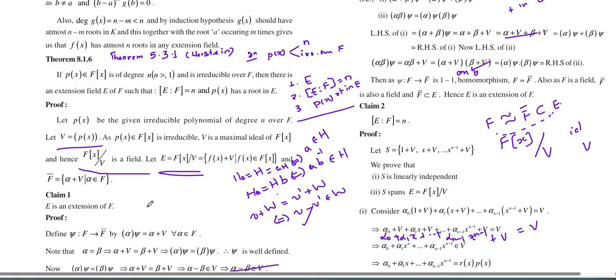And another wonderful thing is, you want E to be an extension of F, but basically it is an extension of F bar, which is defined as the collection of all elements of the form alpha plus V, where alpha ranges over capital F. So F isomorphic to F bar guarantees that the elements in F bar can be regarded as elements in capital F. That in turn enables us to conclude E to be the extension of F.